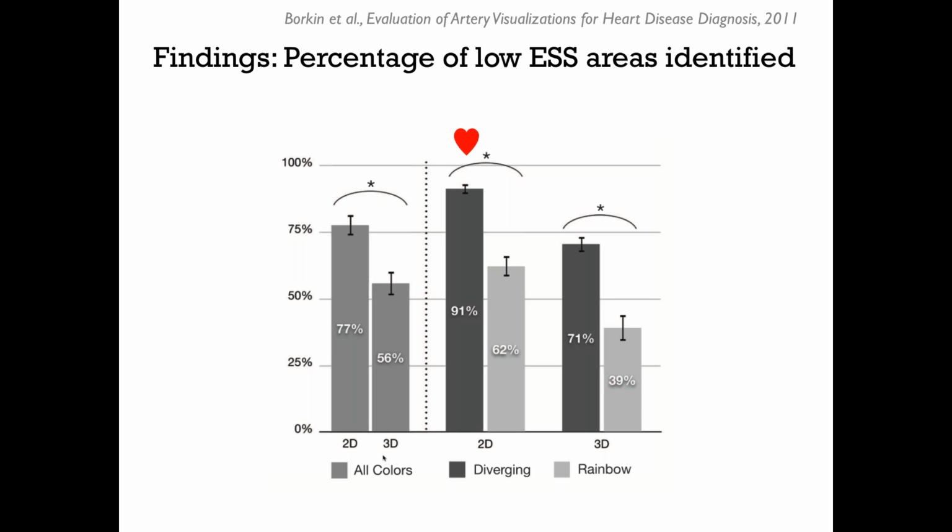And it gets even worse when we look at the 3D model with the 2 different color maps. 71% of all low ESS regions were identified with the 3D model and the diverging color map, and only 39% were identified with the 3D model and the rainbow color map, which is what clinicians have been using. So, as you see, there are statistically significant differences in the ability of these medical students to identify these areas.